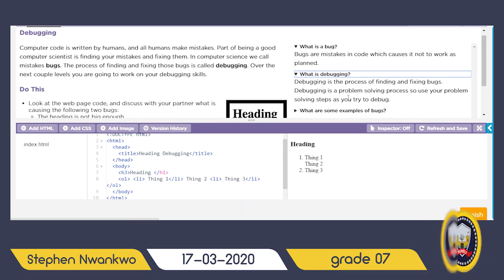And debugging is a problem-solving process that involves many steps. So in this lesson, we are going to debug web pages. I will show you examples of bugs that we have in a web page and how we are able to debug it.